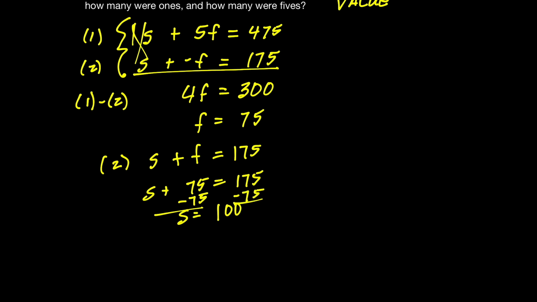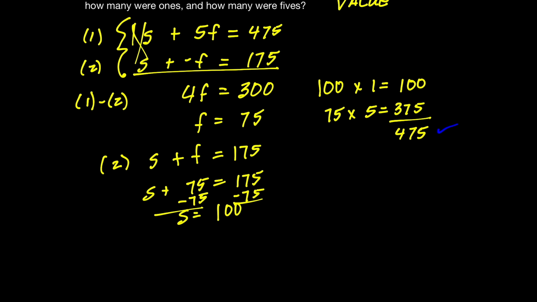So that's how we get our S. If I have 100 singles that are worth $1 a piece, that's $100 in singles. And if I had 75 fives that are worth $5 each, 75 times 5 on my calculator says 375, and that's a good thing because together these add up to 475. So we'll give that a blue check.